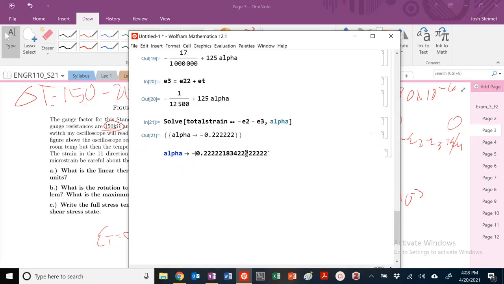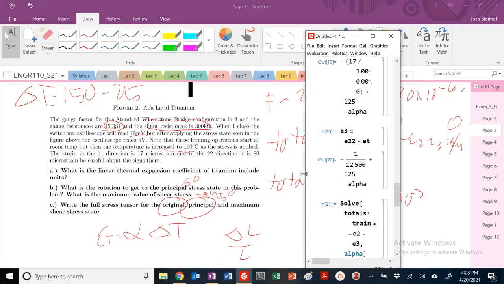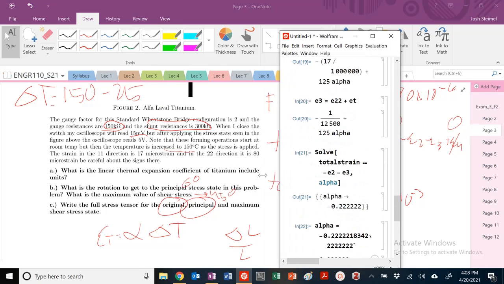So my alpha is equal to this. Now I know what my E2 is, or my E11. I can actually now solve because we got the thermal expansion coefficient, excellent. We got the rotations. Now we need the stress tensor.